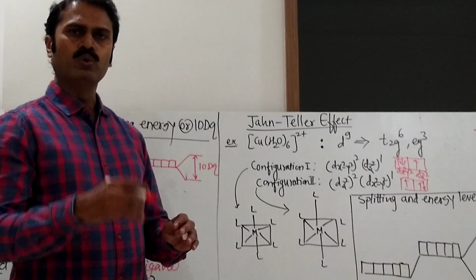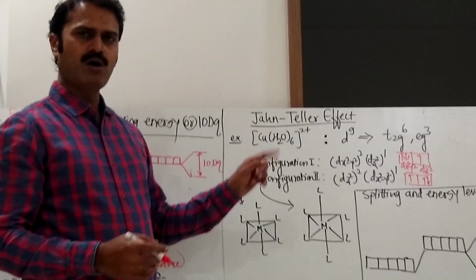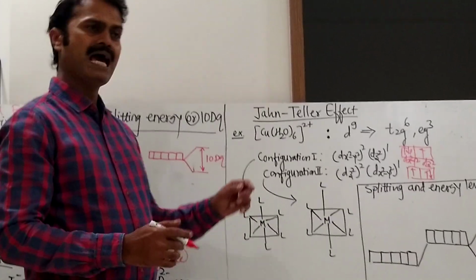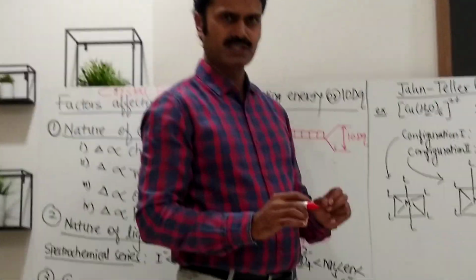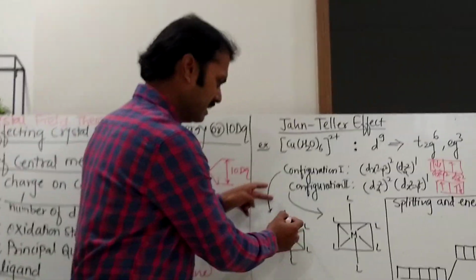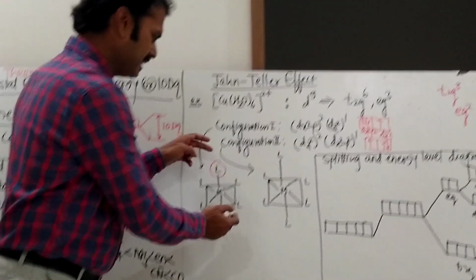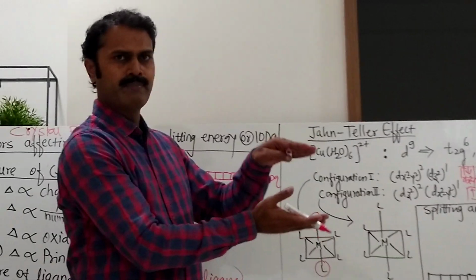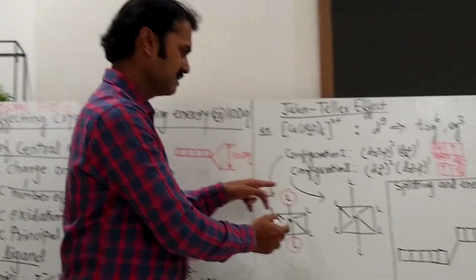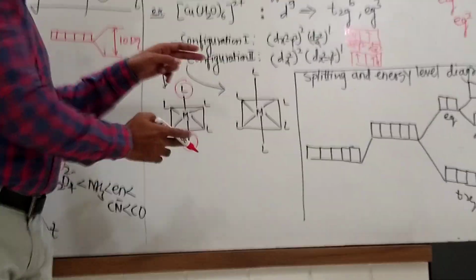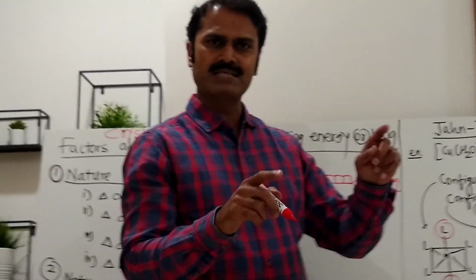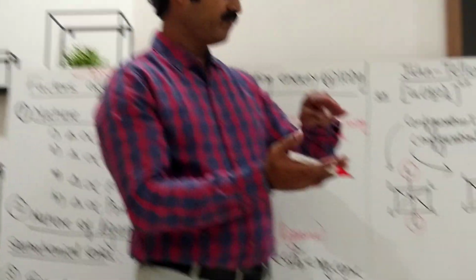Therefore, the ligands which lie along the z axis feel comparatively less repulsion, so they come closer to the metal ion. As the repulsion along the z axis is less, these two bonds along the z axis get compressed.